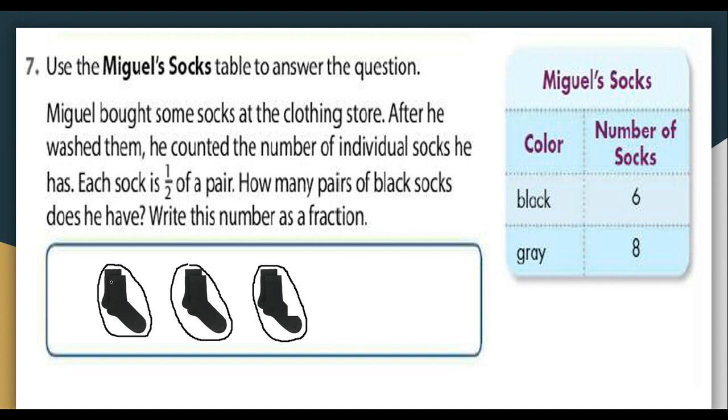But remember, each sock is considered half of a pair. So how many pairs does he have? Okay, so we count our pairs as 1, 2, 3.